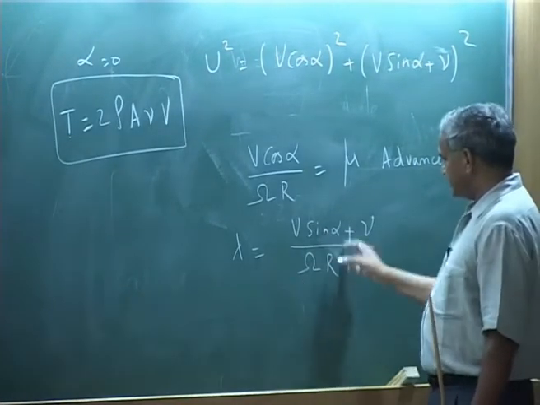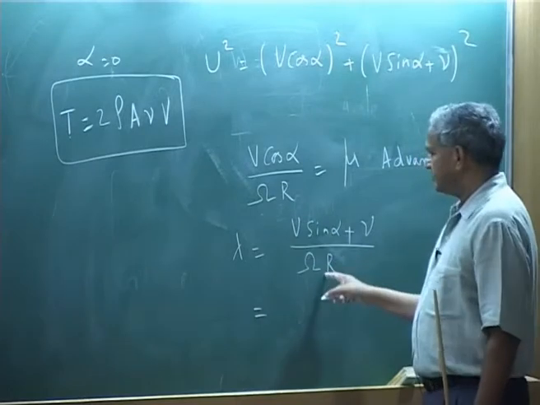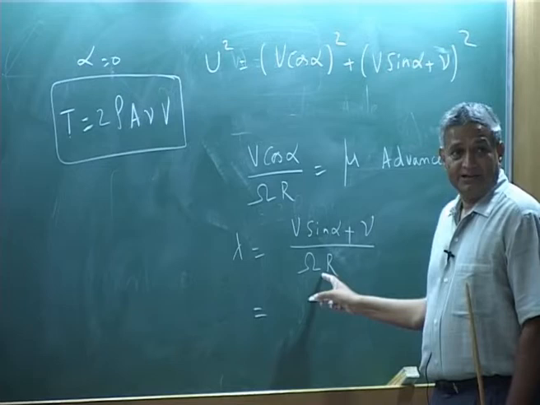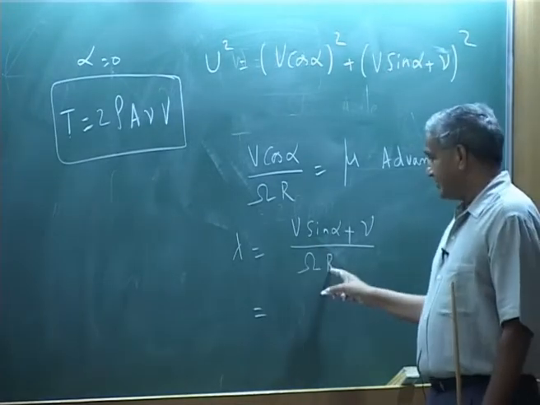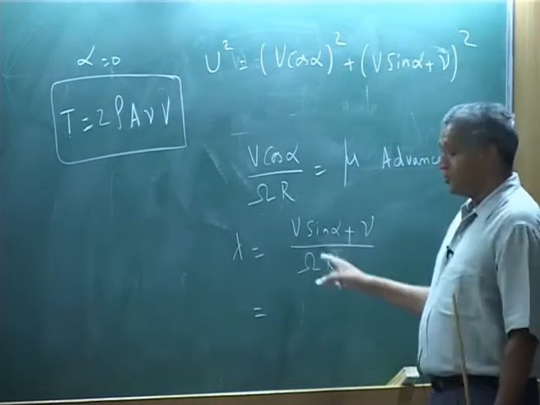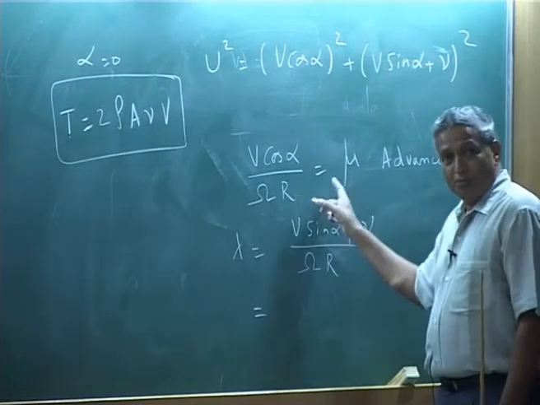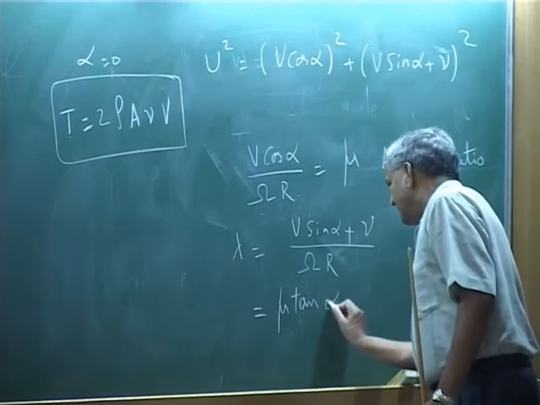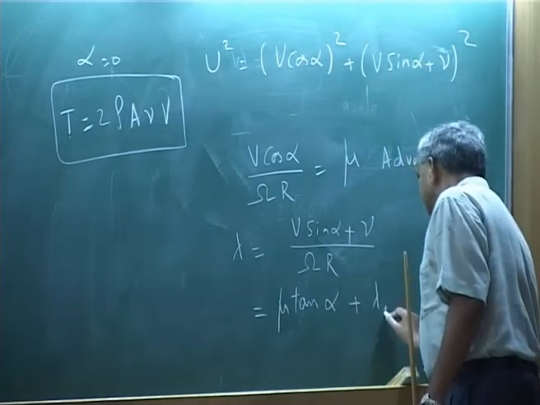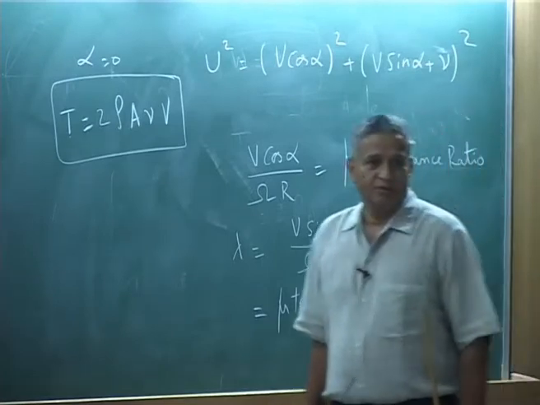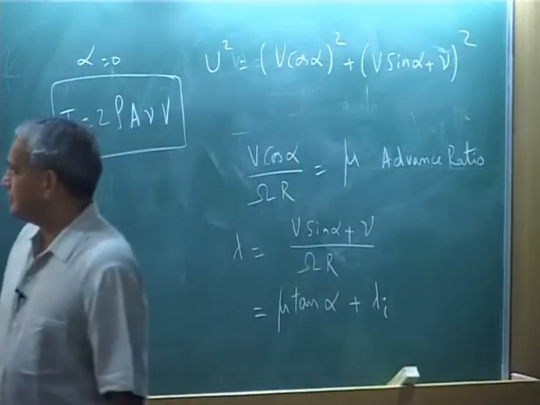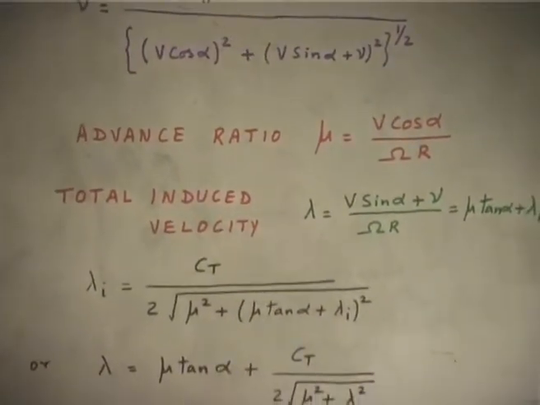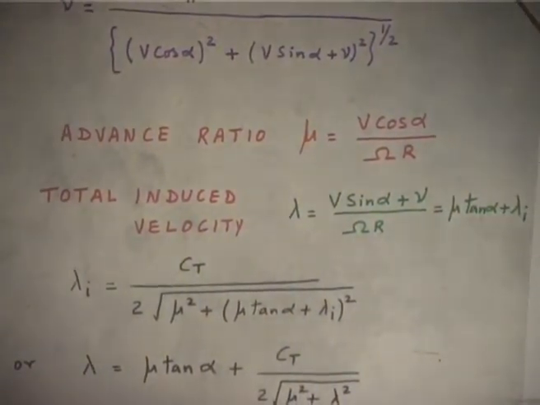You may take this term itself, divide by cos alpha, then V cos alpha over omega r will become mu. So, you will have mu tan alpha plus lambda i. Now, directly go back to the original expression.